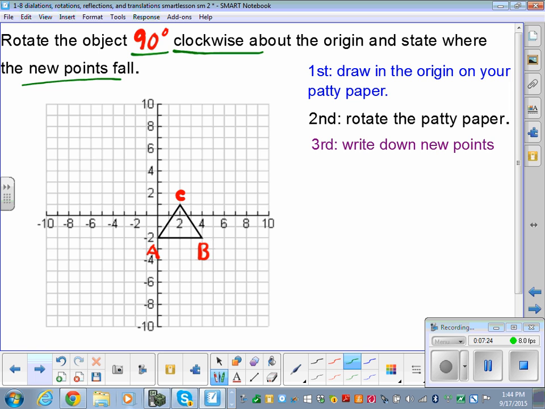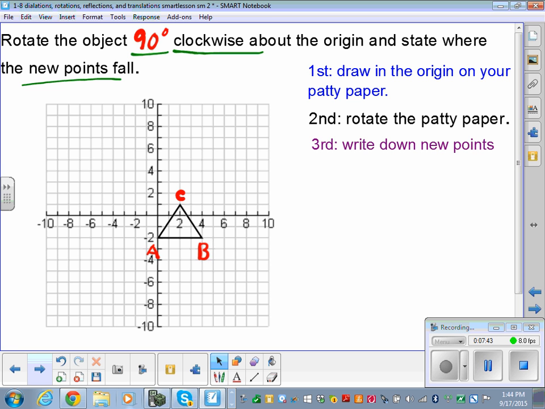First of all, this is how you'll do it. I'm going to show you how to use your patty paper. You're gonna put your patty paper, your see-through paper, over your graph. Now this is so important, so please listen.